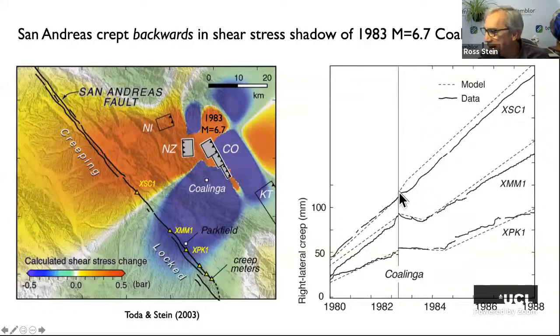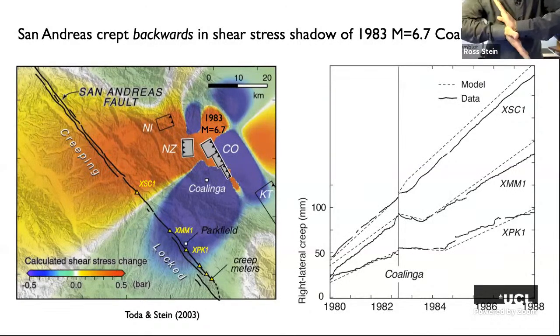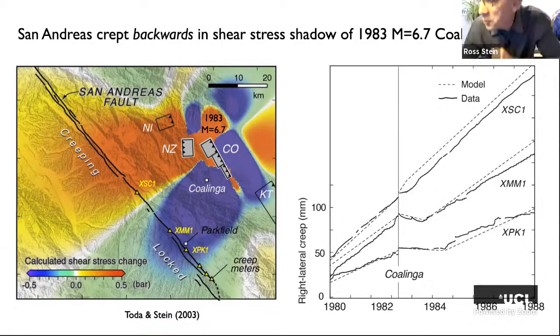So roughly speaking, we can see, because the San Andreas seems to have very low friction, it responds very quickly and fully to these small changes in stress. This is just less than a half a bar of stress. And by the way, if I put my hands like this, and I push as hard as I can with the base of my palms in contact at 45 degrees, I'm putting almost a bar of Coulomb stress across my palms.